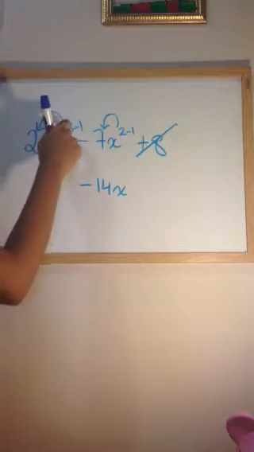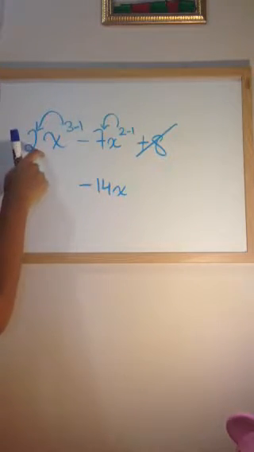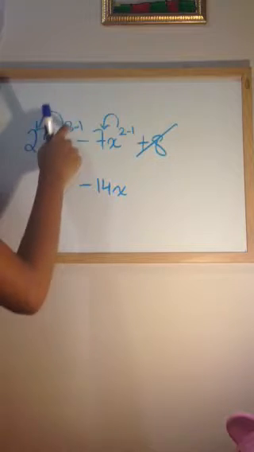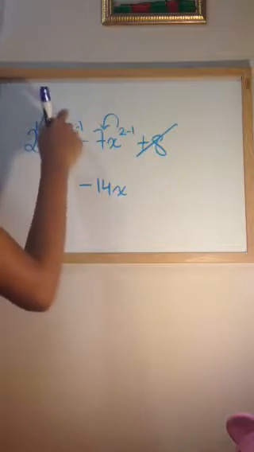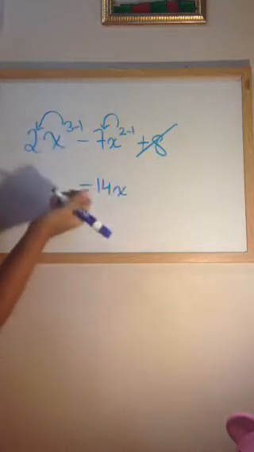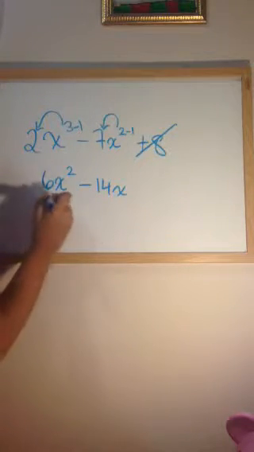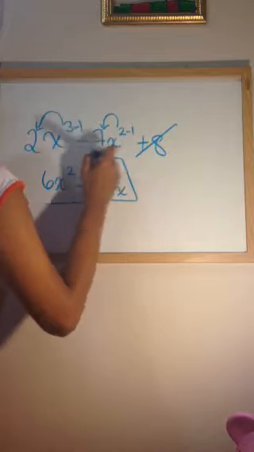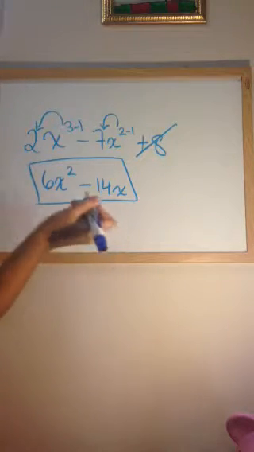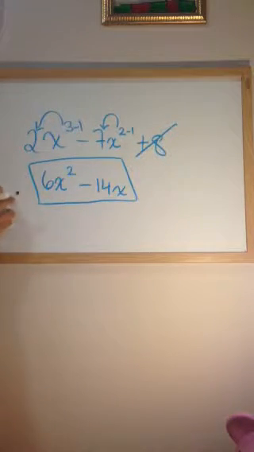And for this, you multiply 3 times 2 is 6. Drop the exponent by 1, so 3 minus 1 is 2, so 6x squared. So the answer for this equation, the derivative, is 6x squared minus 14x. Okay.